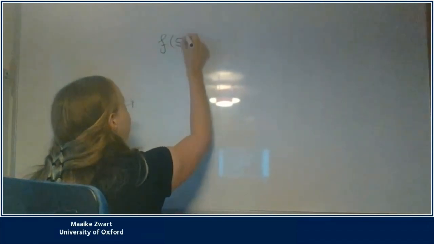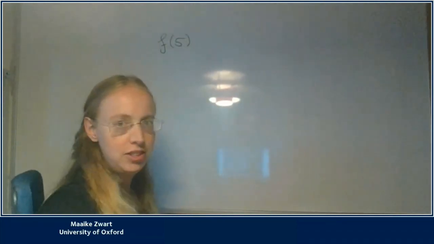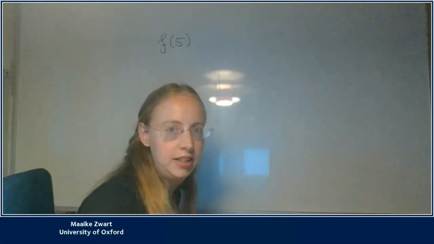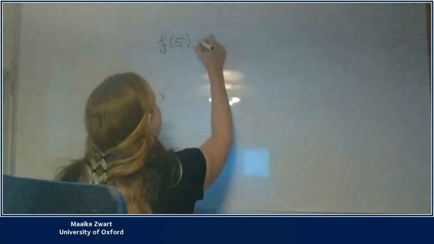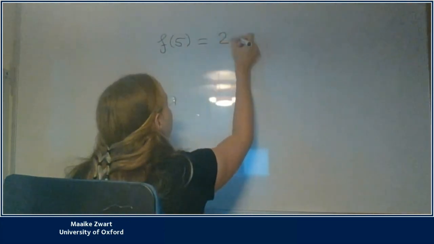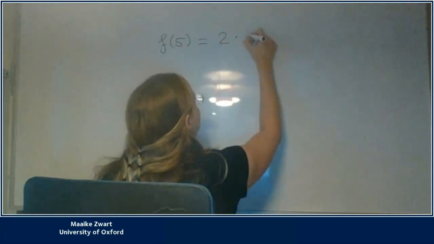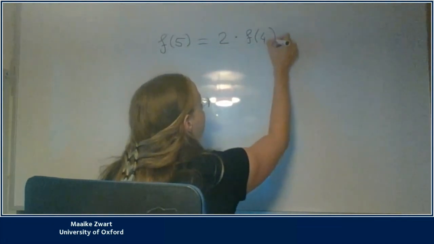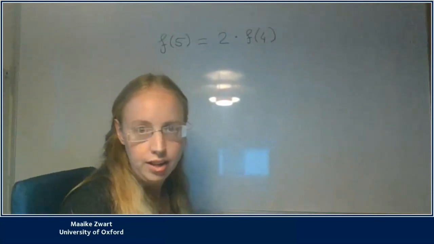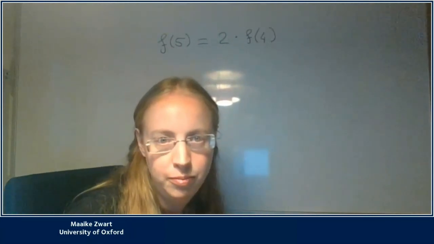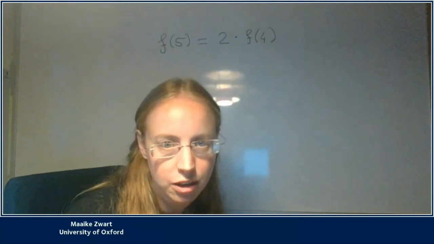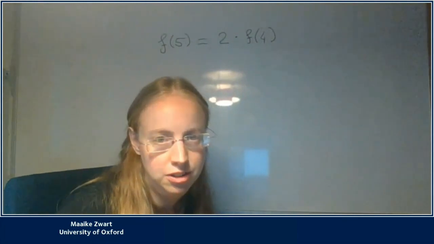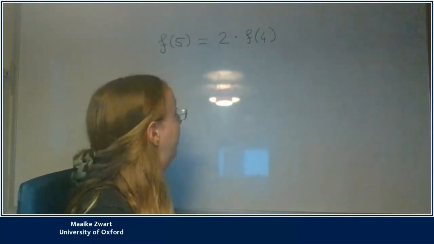F of 5. Great. Now, 5 is odd, so the equation tells us that it is equal to 2 times f of 5 minus 1, and that is f of 4. That is the bottom of the 3, the lowest of the 3. If n is odd, this is what we get.